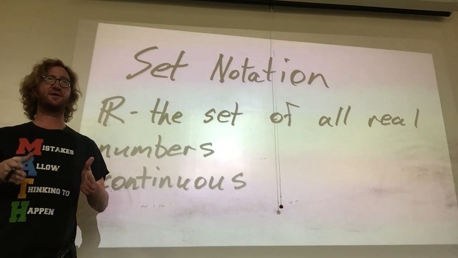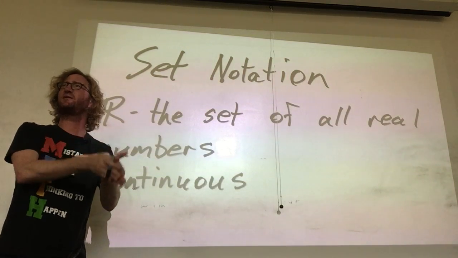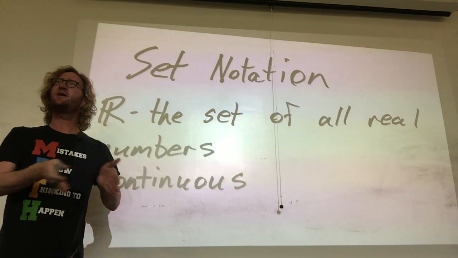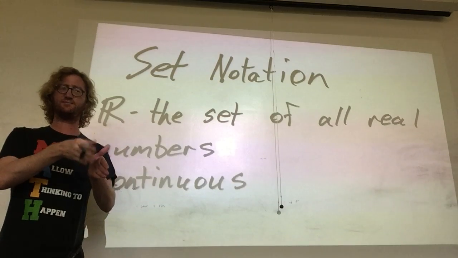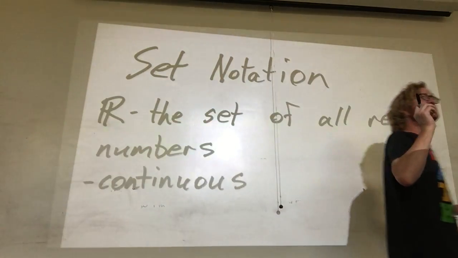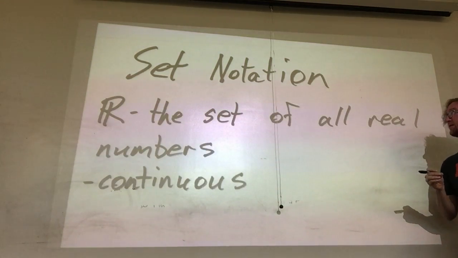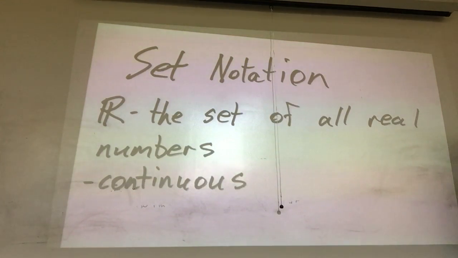Meaning, if you have 1/2 and 1/4, you can always find numbers in between there. It doesn't matter how you divide, you can always find one number that is in between the two numbers that you're talking about.